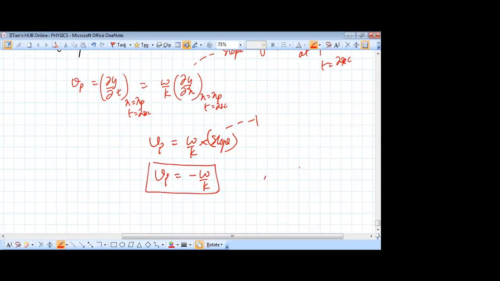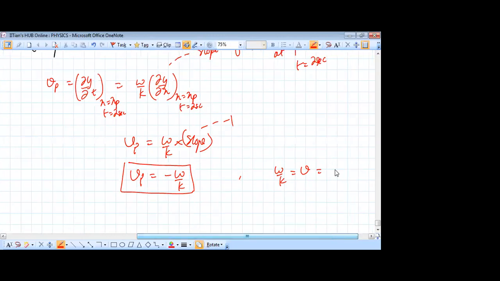Now also, omega by k is nothing but the propagation speed, which was 2 centimeters per second. So with the proper algebraic sign, the particle velocity at that point should be minus 2 centimeters per second. Or you can see that the particle velocity will be 2 centimeters per second, but going downwards.